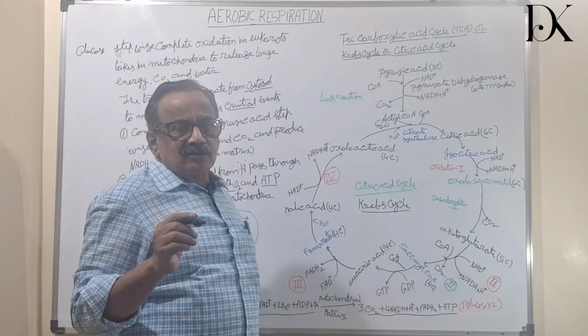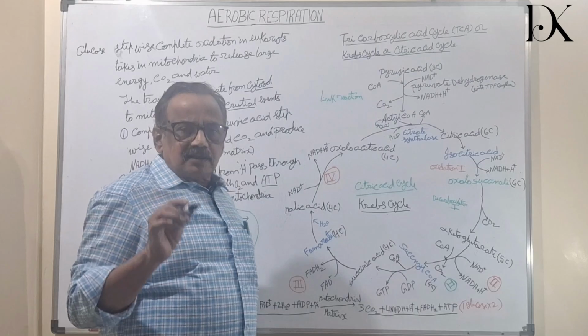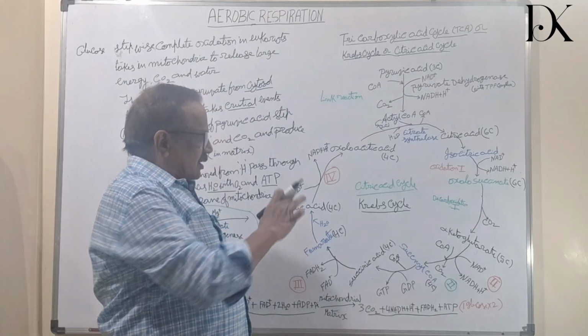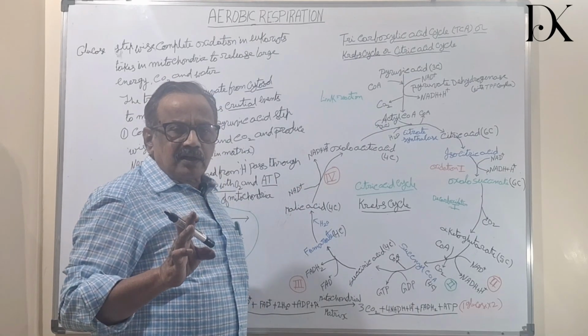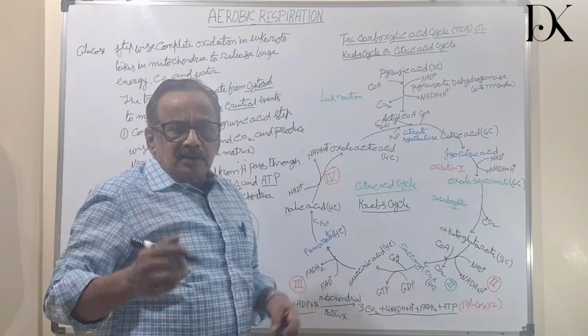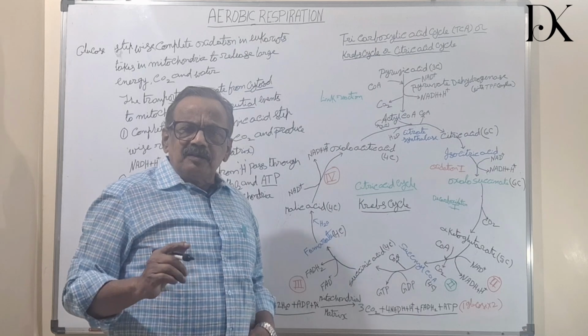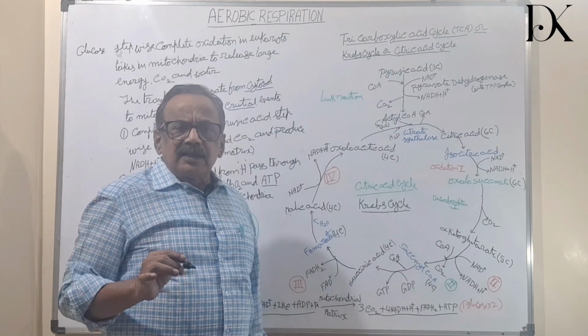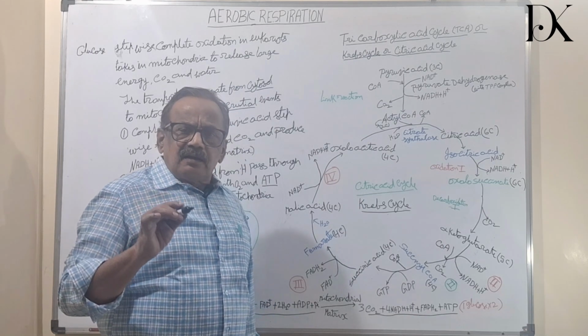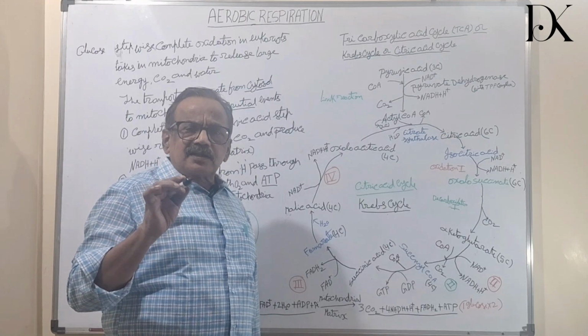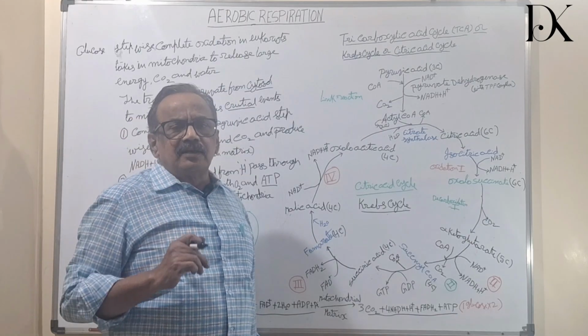That is in the matrix, whatever the Krebs cycle has given. We have so many names, which is complicated. For that, some people use tricks, but it is better to remember it by practice. Then whenever you practice, all the reactions will come into your mind.